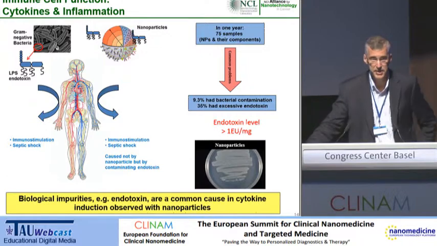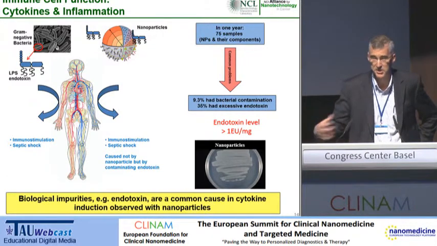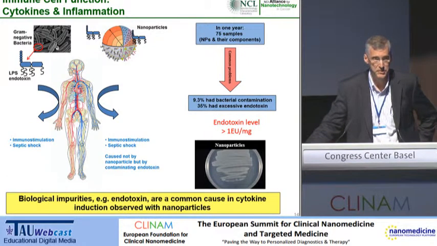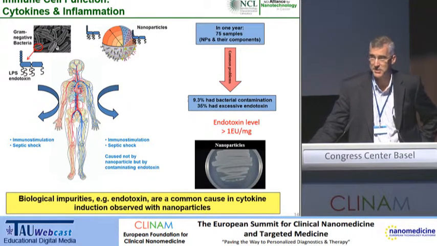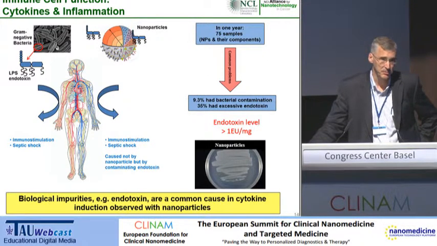We'll also say that because of the genesis of nanomaterials, where often the materials came from engineering labs or material sciences labs or chemistry, where those laboratories may not be very familiar with aseptic techniques, roughly a third of the particles that come into NCL we have to send back because they're contaminated with endotoxin.